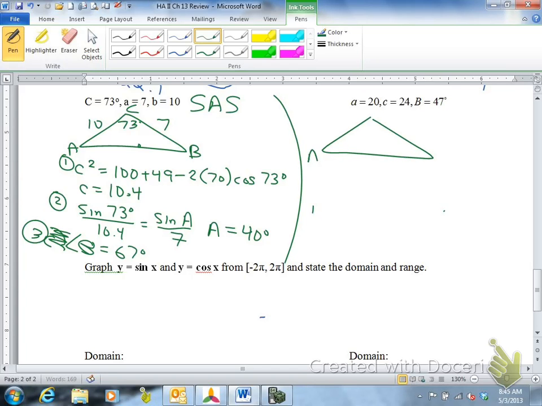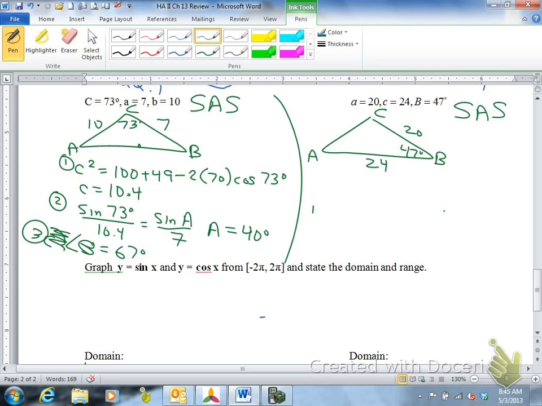A, B, C. Across from C, across from A, across from B. And what do we use here? Well, cosines or sines? Cosines. This is side angle side. So it's really similar to the previous one. It's going to be similar work.